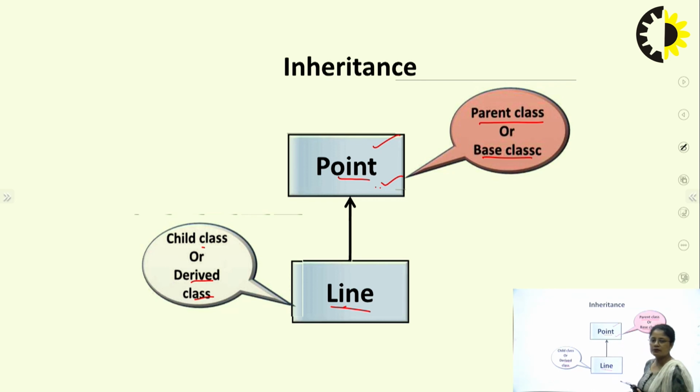All the features of the point will be automatically inherited by the line. What is a line? A line is basically a set of points. A line is a huge collection of points aligned in the same dimension. So we can say line is inheriting from points, because a line is a collection of points.